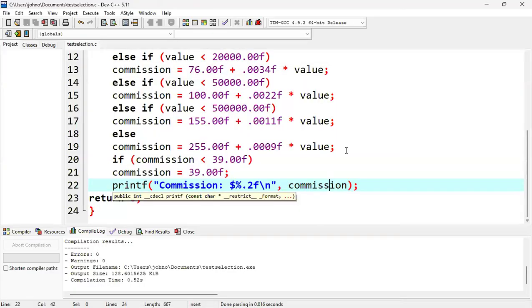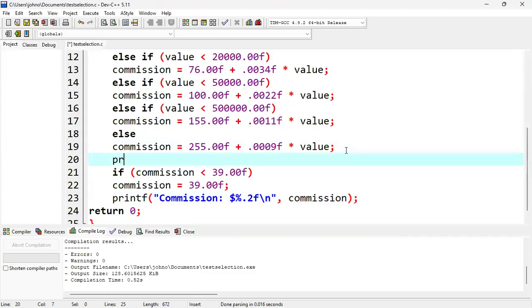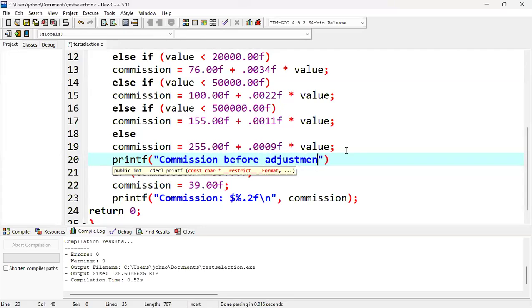Maybe we can put a print statement here and say commission before adjustment is equal to, where is dollar percentage dot to f, commission.